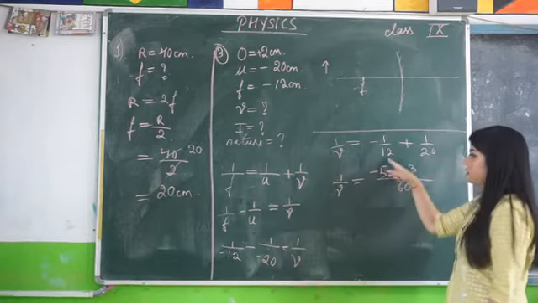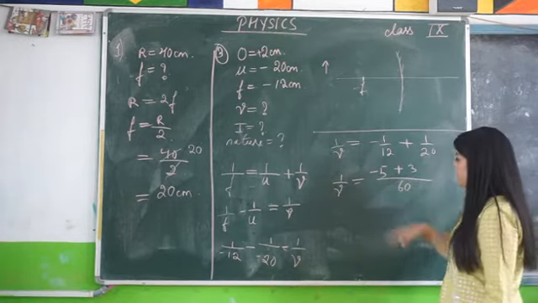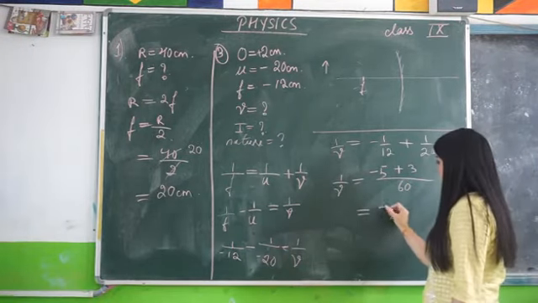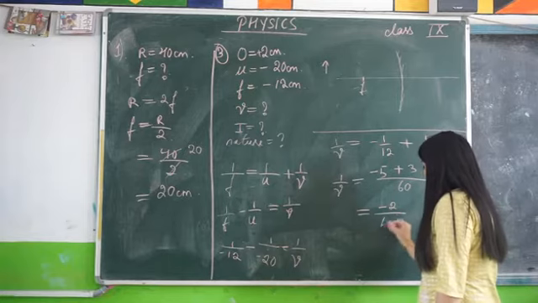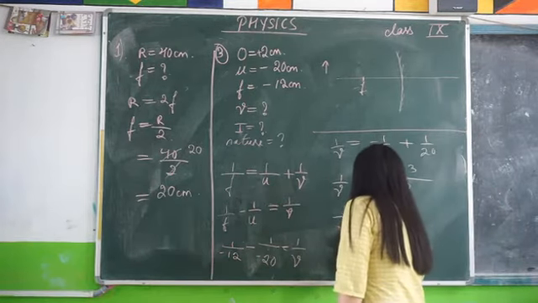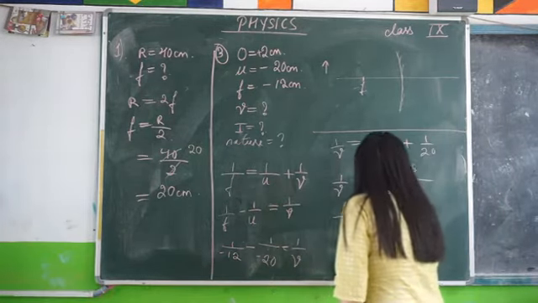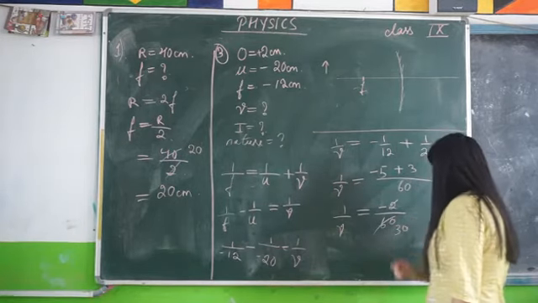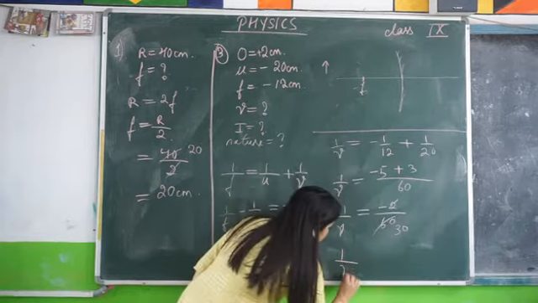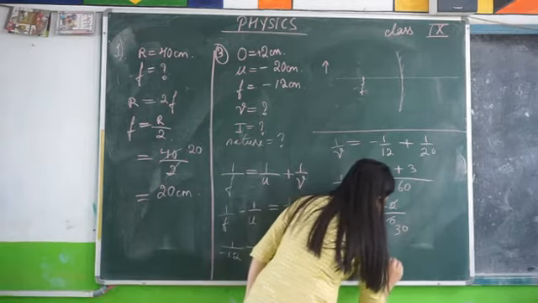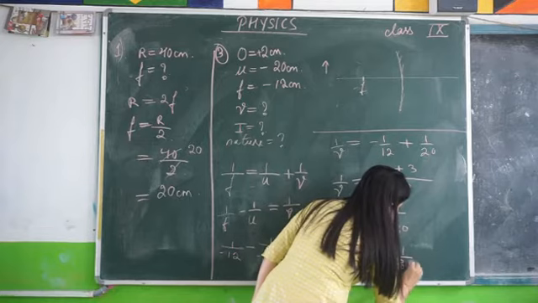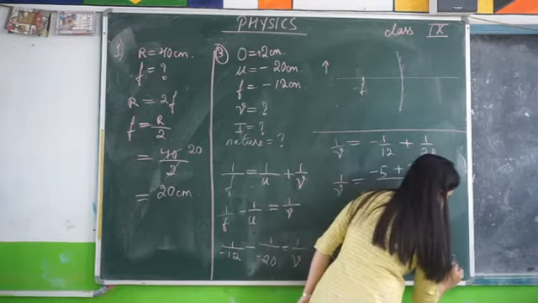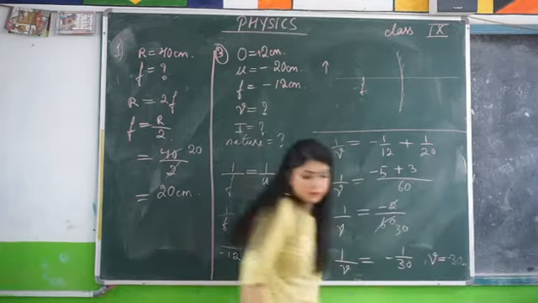Now write this: minus 5 plus 3 is minus 2, divided by 60, equal to 1 by v. If you reduce this, 1 by v is equal to minus 1 by 30, or if you take the reciprocal, v is equal to minus 30 cm.